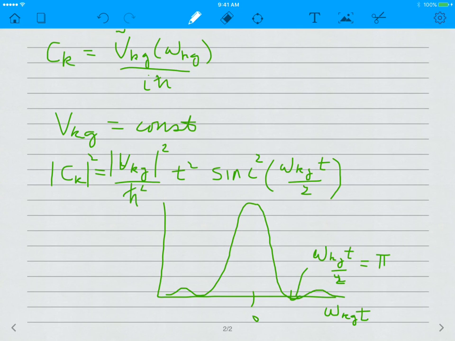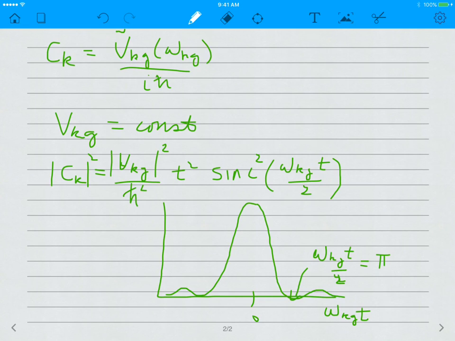Well, basically, what this is saying is that if we excite a state k that has a Bohr frequency omega kg, we have to do that with a perturbation that's on for a very short amount of time, so that omega kg t is pi or less.